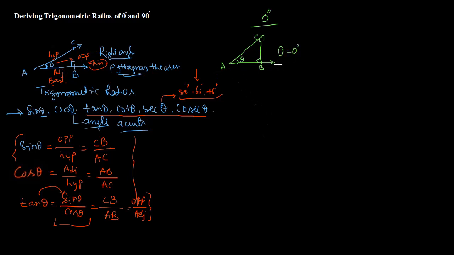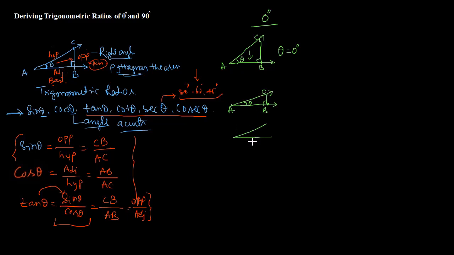How can I get theta equals 0? Let's start. If I assume theta is some 40 or 45, I have to reduce this to 0. I'm going to draw a series of diagrams so that you can understand. This will be AB. Just stay with me, you will get to know exactly what I'm trying to do. I'm going to reduce that angle. Theta, I have reduced it. That perpendicular still stays and C still stays there itself. So I'll reduce it further.